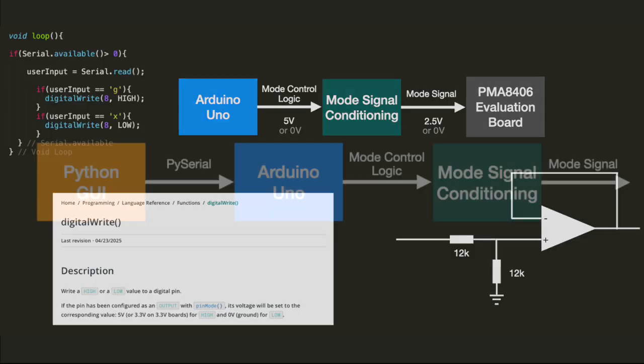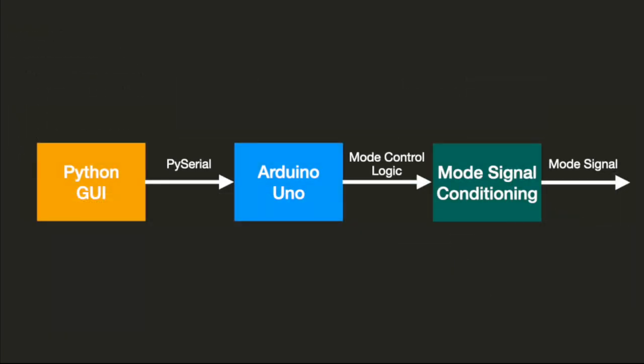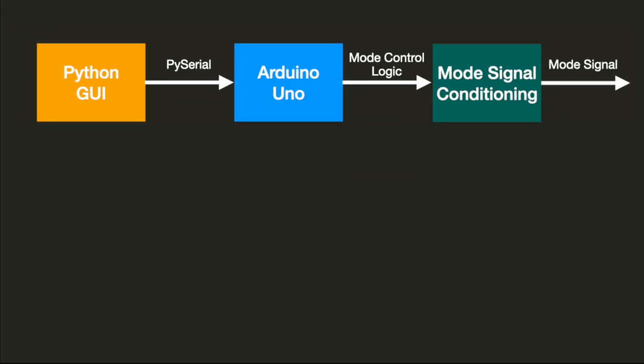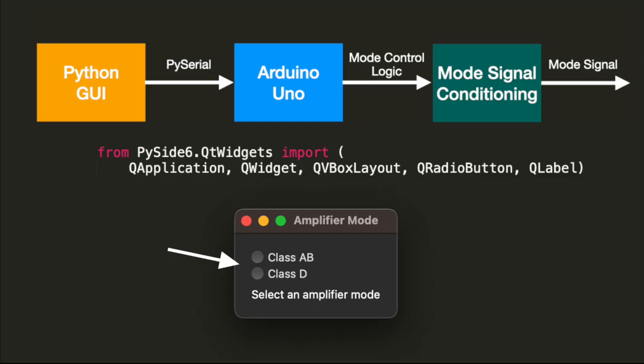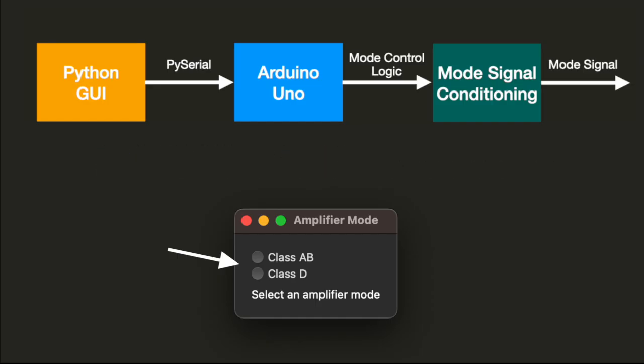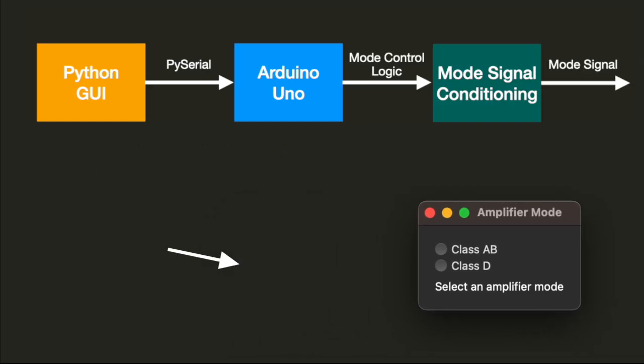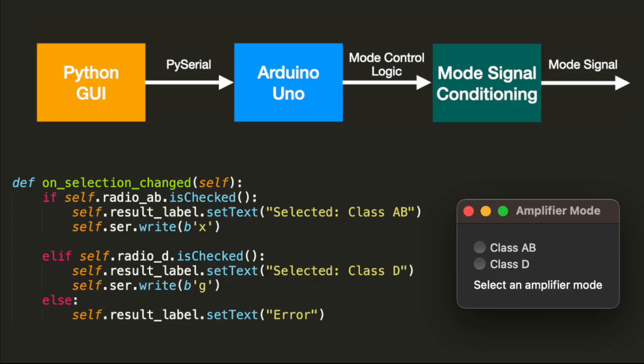Let's now look at a couple key features to the user interface between the Python and the Arduino. On the Python GUI side, I'm using the PySide6 module. That's where the radio buttons are populated within a user window. The interface displays the text of the radio button selected, and then upon clicking the value, does the serial writes.